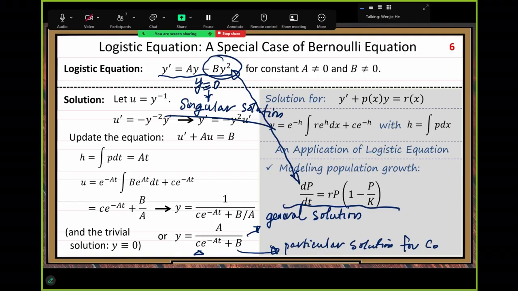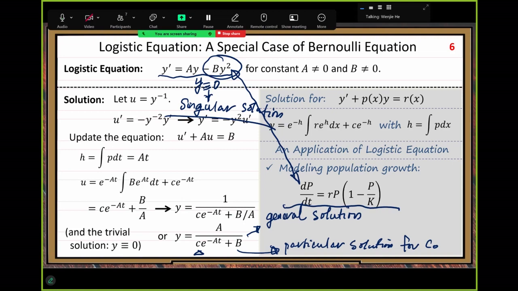But when your y becomes larger and larger, then there is a stopping factor. You need to add that minus term, minus b times y squared. And here we use this form. You have a stopping term.